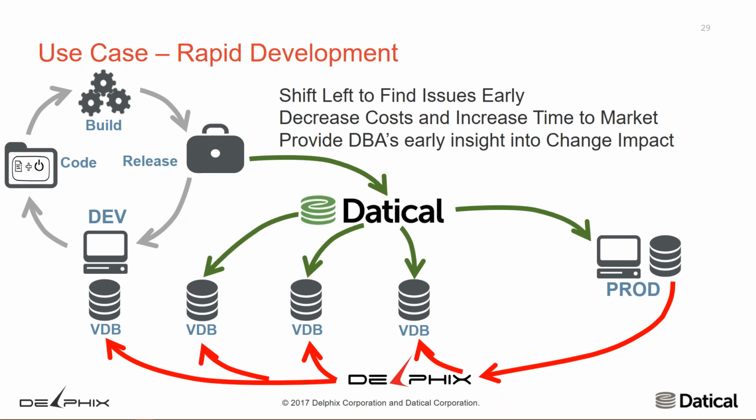What this allows you to do is you're shifting left to find these issues far earlier. All right, you are developing against a production version of the schema, of the database. You are testing against a virtual database that is a copy of production. So you know that when you push this change out, when you do your development, it is going to be far more likely to be successful.